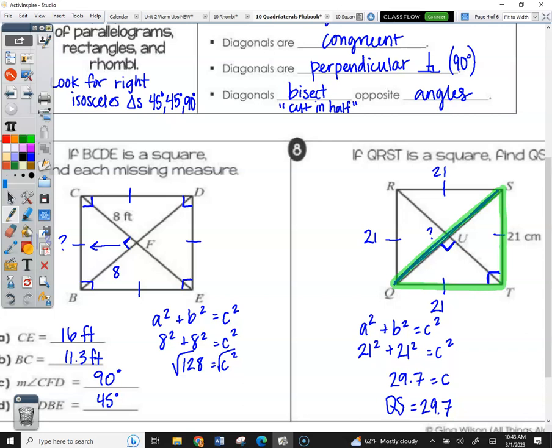Much like the rhombus questions, it's the same concept, same approach, same layout, because they're all the same. Great question.